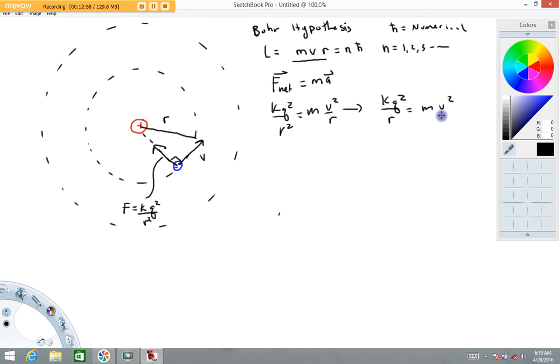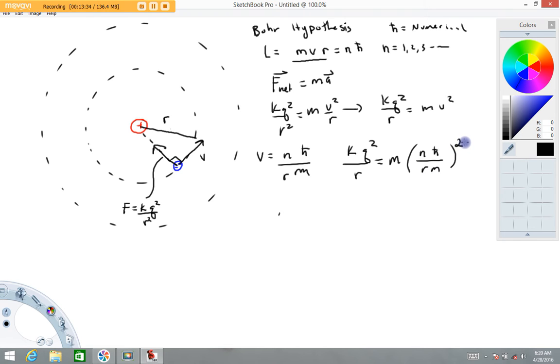I want to try to eliminate the v, and I'm going to use the Bohr hypothesis to do that. v from the Bohr hypothesis is equal to n h bar over r times m, just by solving this for v. And if we sub that into here and rewrite the equation, we get k q squared over r is equal to m times v squared, v being n h bar over r times m, and again, that's being squared.